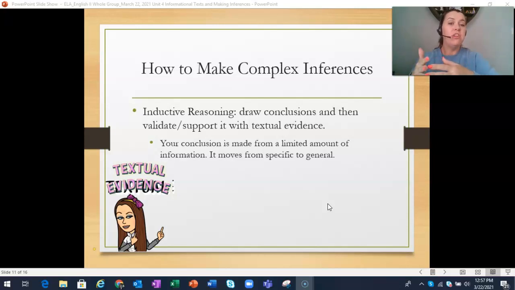So my conclusion is made from this limited amount of information. It moves from specific to general. It kind of widens out, and that's inductive reasoning. We draw our conclusion, and then we find textual evidence. Specific conclusion moves out to general.